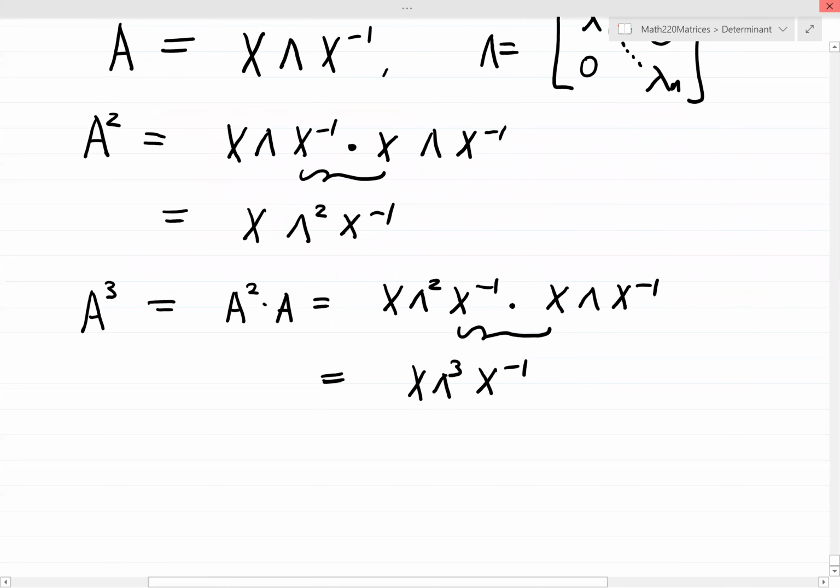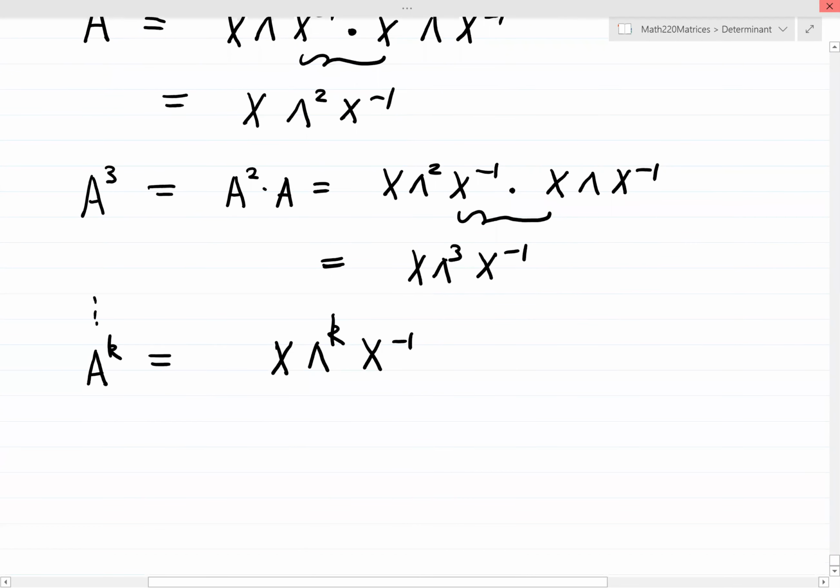So in general, A to the power k is X gamma to the power k X inverse. So we don't need to use the definition of matrix multiplication.